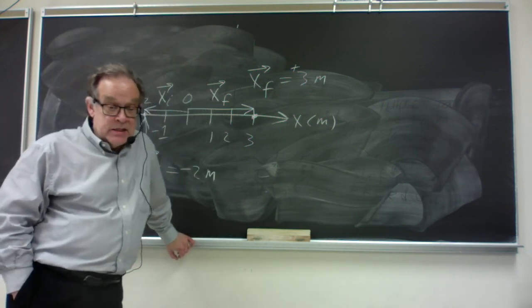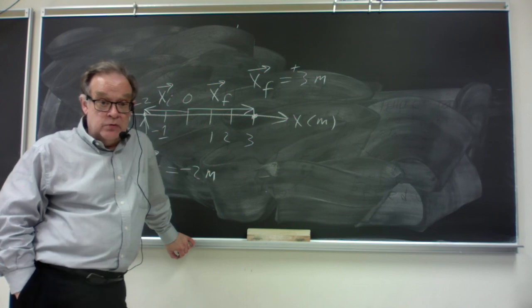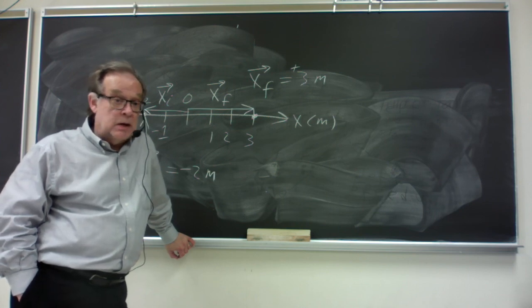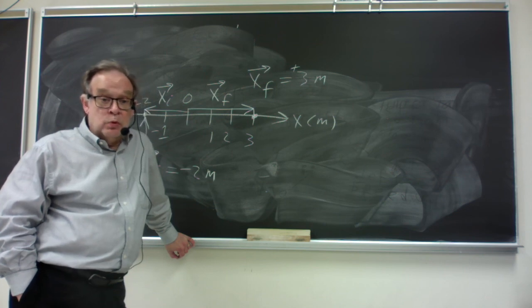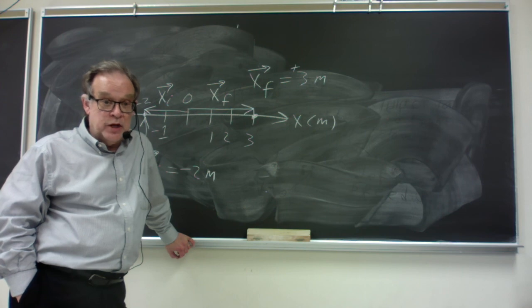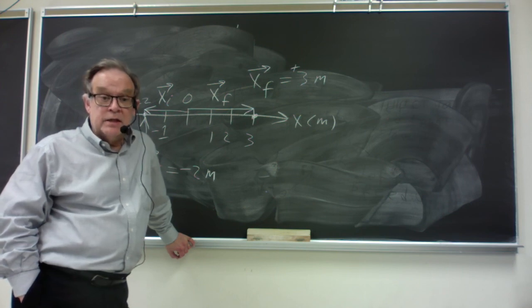Okay, that's just a way of talking quantitatively about location. But since we're talking about motion, we are talking about change in location, and that's what we'll get into in the next video.